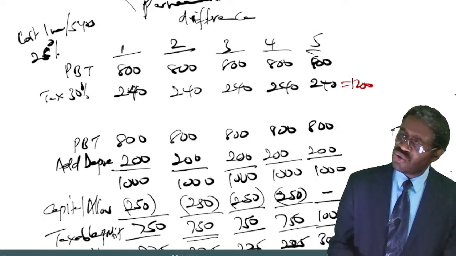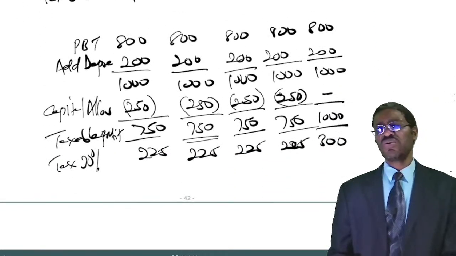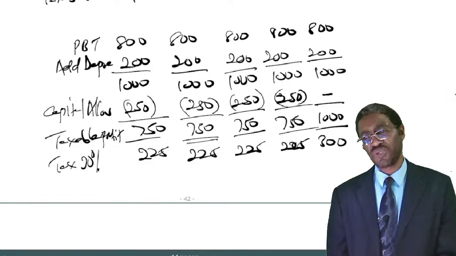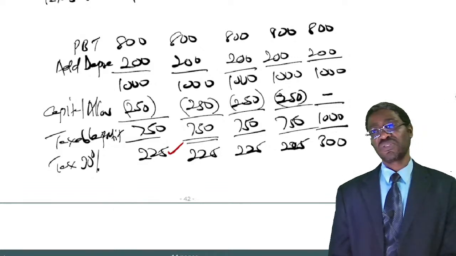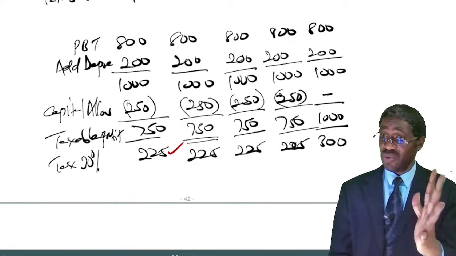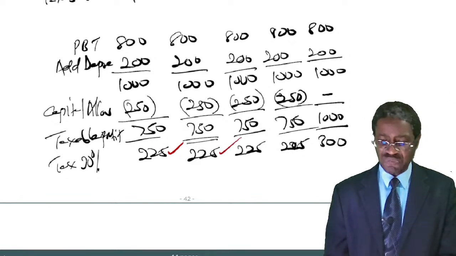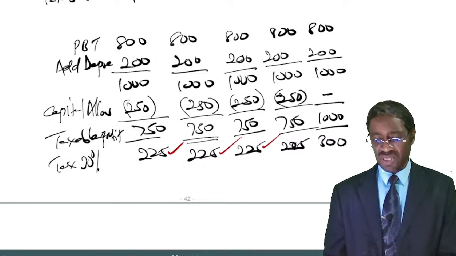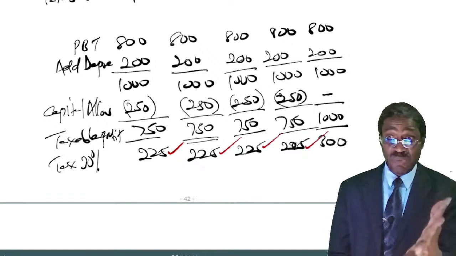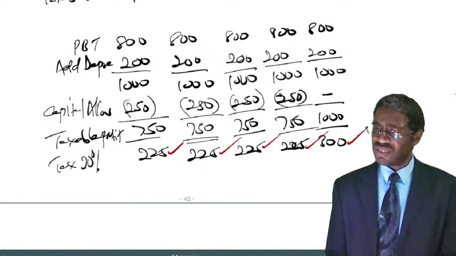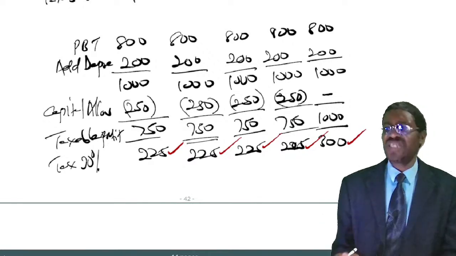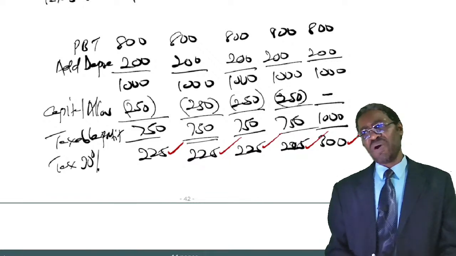But the taxman told me what? No, you're not going to pay 240. He told me I'll pay him 225. And I paid him whatever he wanted. 2nd year, 225. 3rd year, 225. 4th year, 225. I paid him whatever he wanted. 5th year, I pay him 300. So for those 5 years again, cumulatively, what does it amount to?